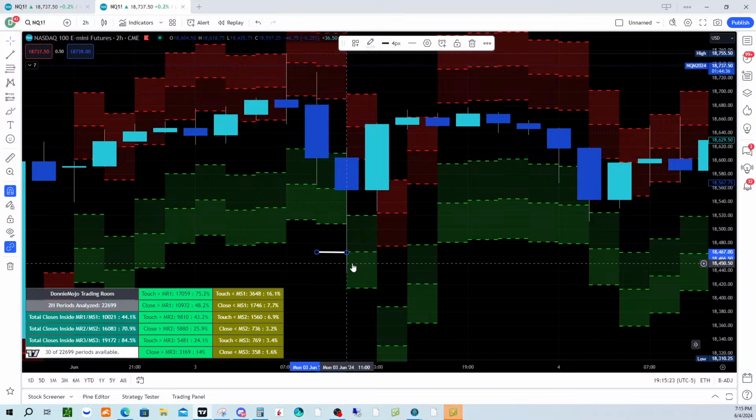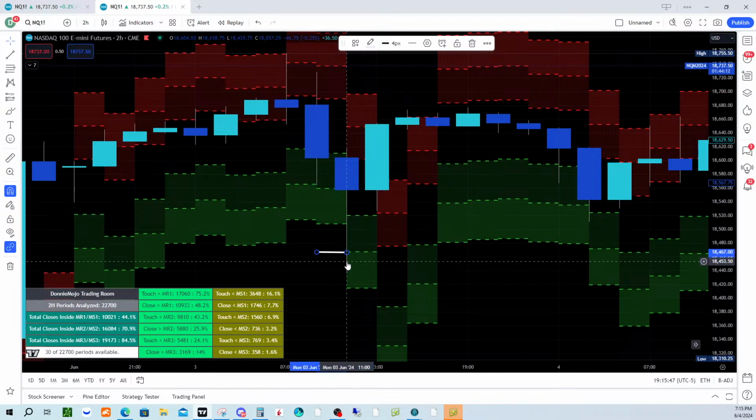It would take you a long time to try to analyze that. It only closed below there 1.6% of the time. So if you're looking for a rejection, for it to blow through there, we can even set this up to have an alert. Okay, we blew through the MS1, or the MS3.